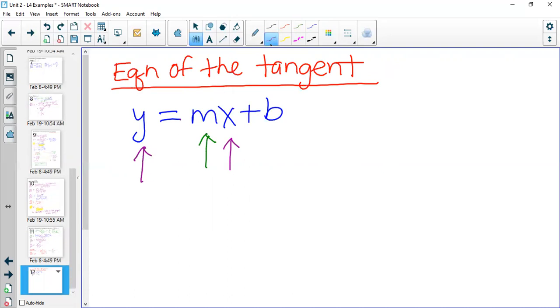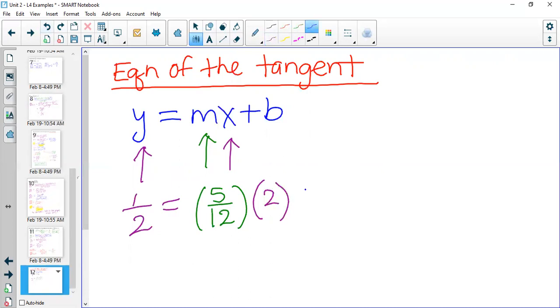So 1/2 is going to be equal to my slope of 5 over 12 times my x value of positive 2 plus b.